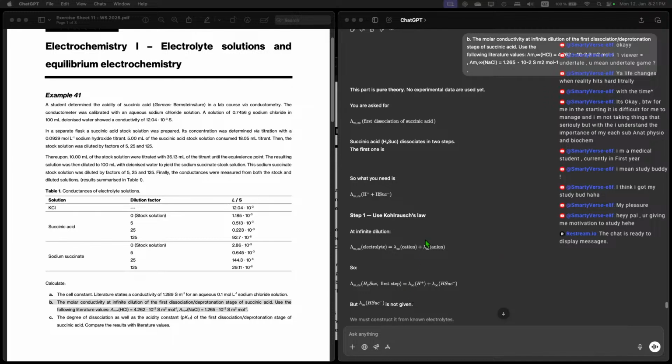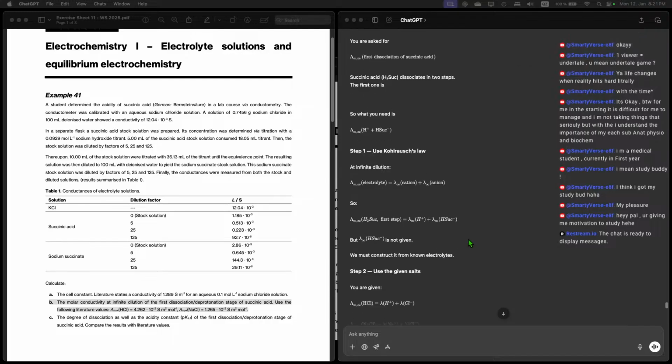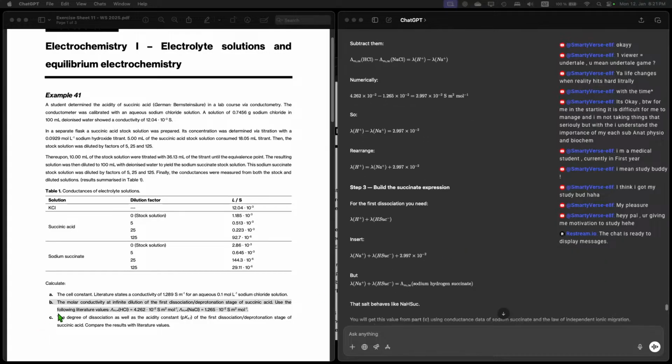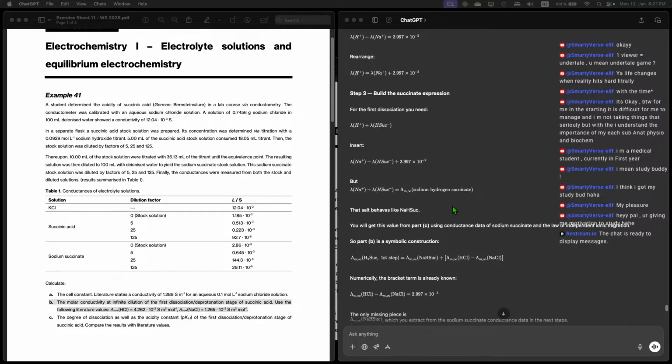What you need is step one, use Kohlrausch law. Build a symbolic expression, and you will get this value in part C. So part B is symbolic construction.